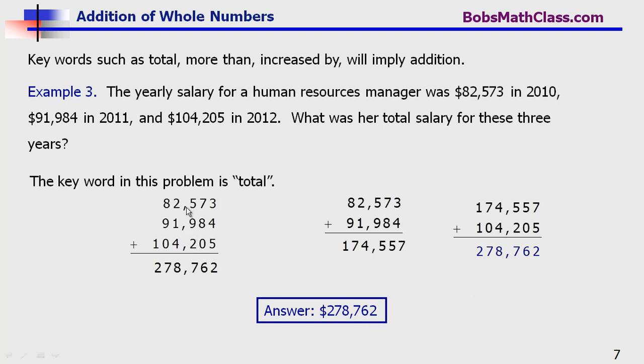So it's your choice. Either add all of them up at once, or add 2 of the years, and then go back and add the 3rd year to that answer.